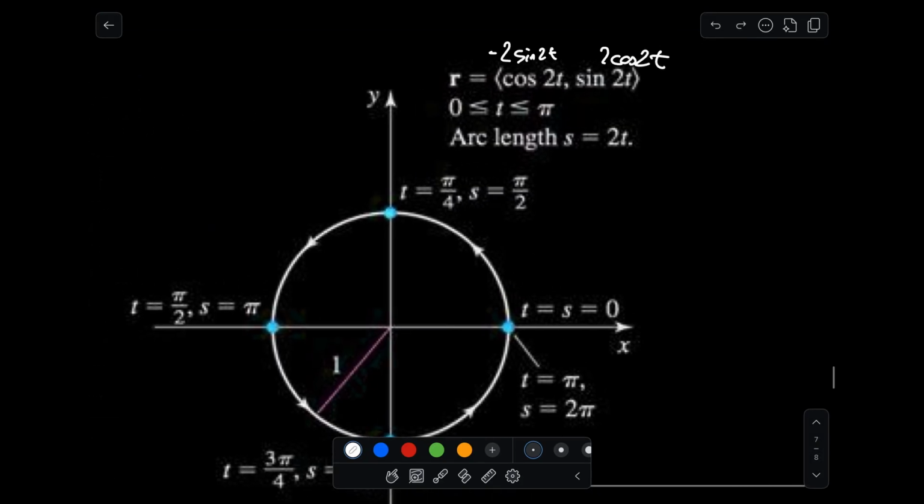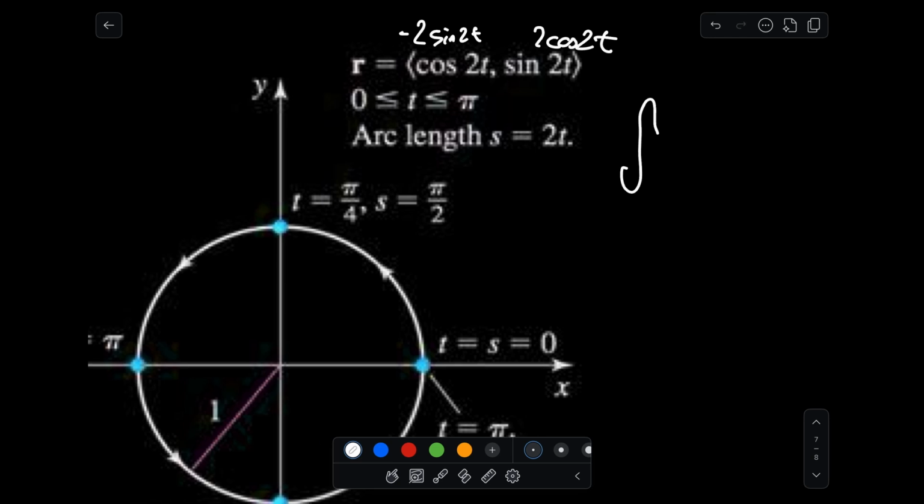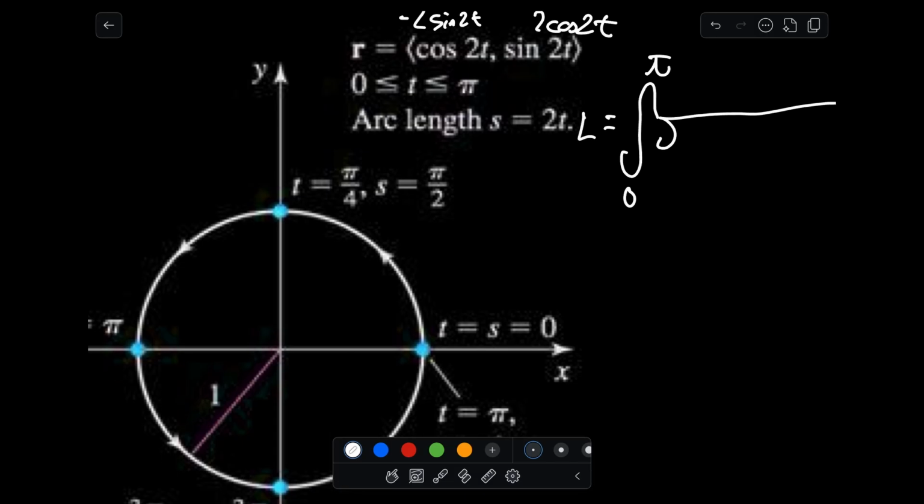And let's just do it for cosine of 2t, right? So we got this. And we're going to say that this is s, from t equals 0 to pi. It's going to be the square root of 4 sine squared t plus cosine squared t, dt.